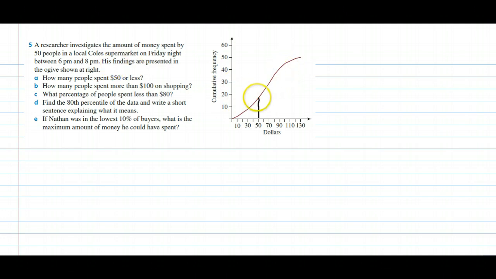Then we go from the data line over to the cumulative frequency axis, and that hits about 17 people. So that means 17 people spent $50 or less, because there's 17 scores below that value. So for A, 17 people.